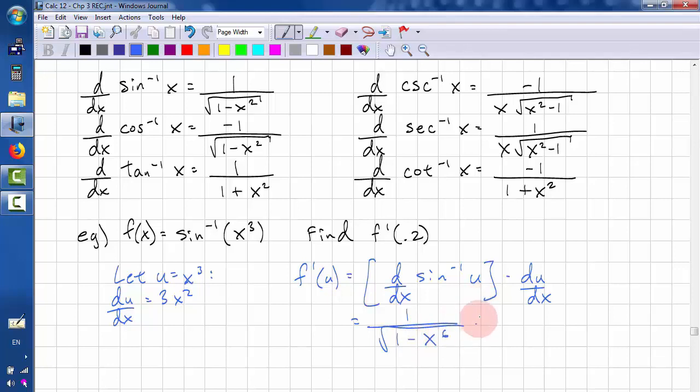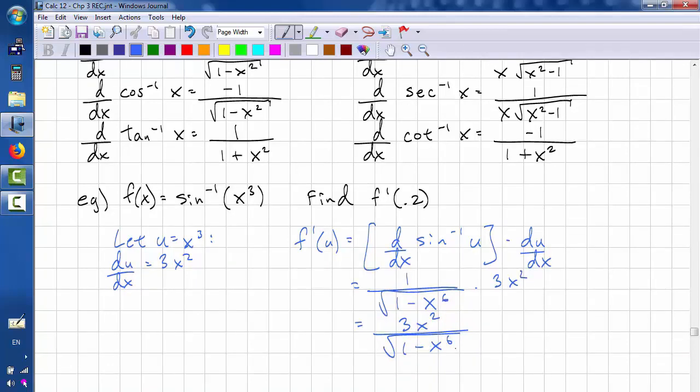And now we need to multiply it by du/dx, that's 3x squared. So we can simply write it as 3x squared over the square root of 1 minus x to the power of 6. This does not simplify.